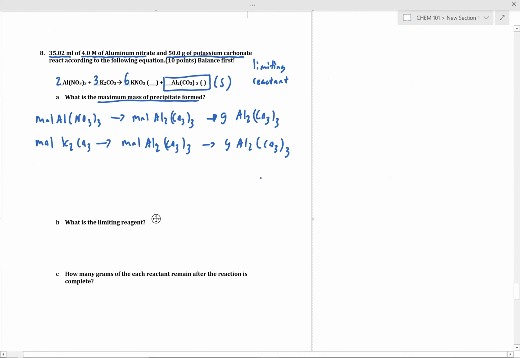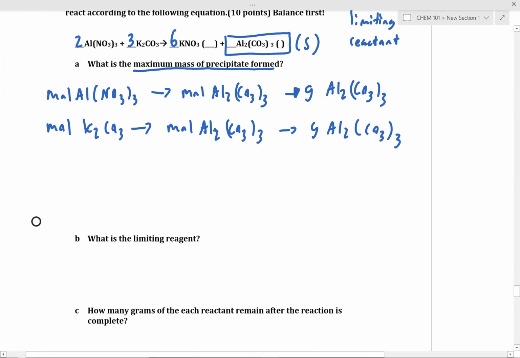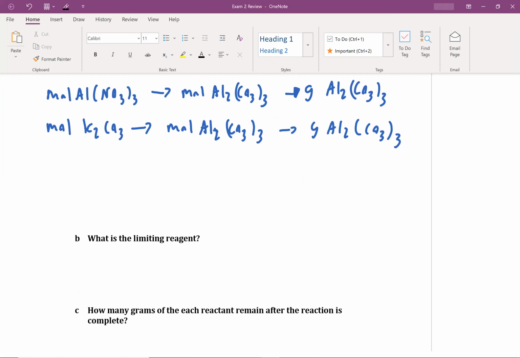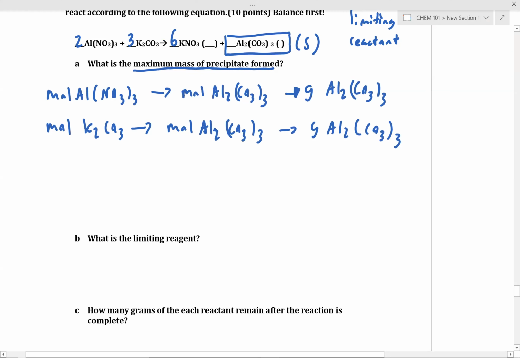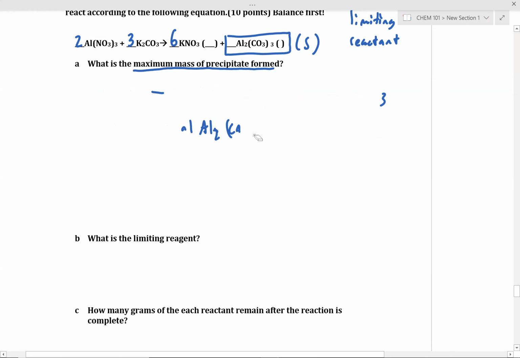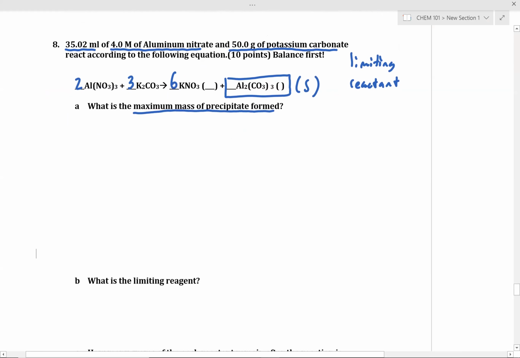So now that we have an idea of what we're going to do, let's execute on this plan in the space provided. So we're going to do a one-line conversion using our stoichiometric ratio. So starting off, we have 34.02 milliliters of solution. We know that there are 10 to the negative third liter per mL.